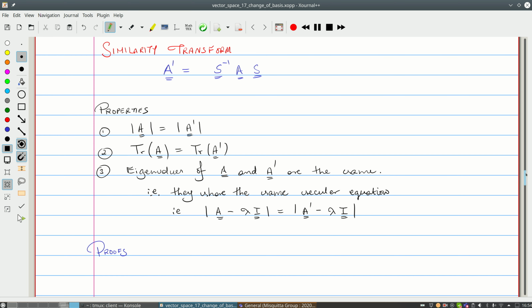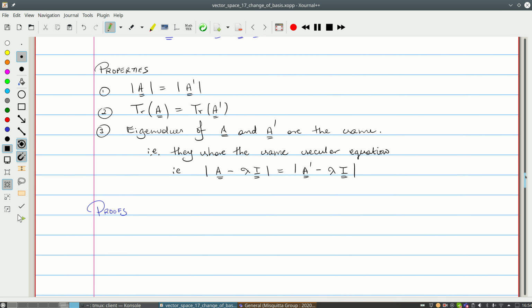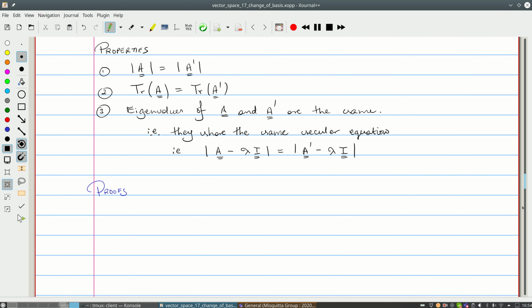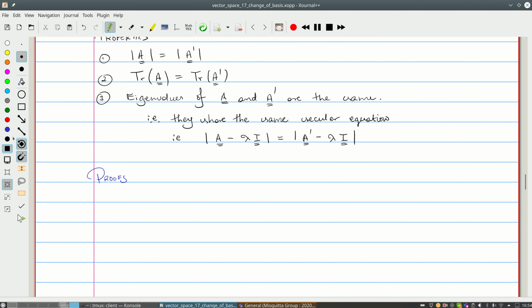I'm going to be pretty quick because by this stage you should be getting used to the idea of actually showing things like these. So for number one, we start with the determinant of A prime. Well, that's the determinant of S inverse A S, and these are all matrices.